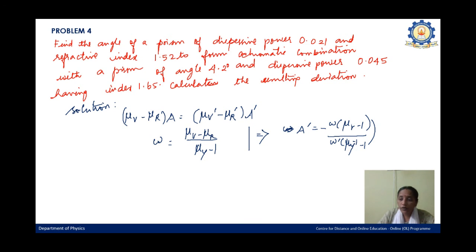At last you have to get the deviation, mu f minus mu r. The value for this problem will be 11.25 degrees.